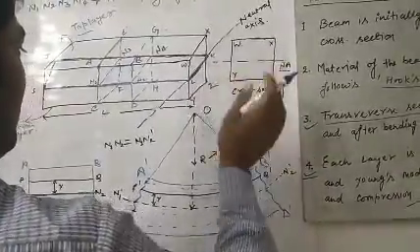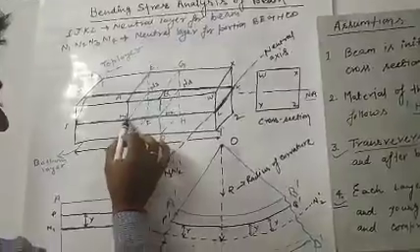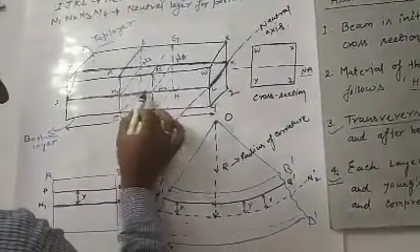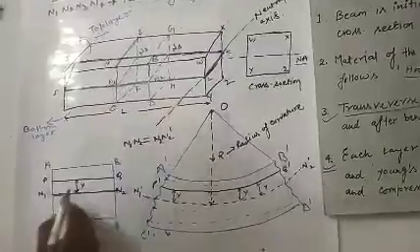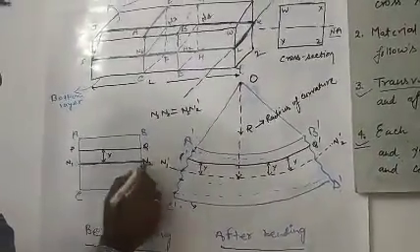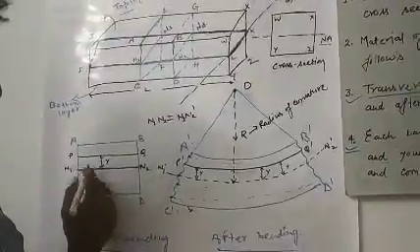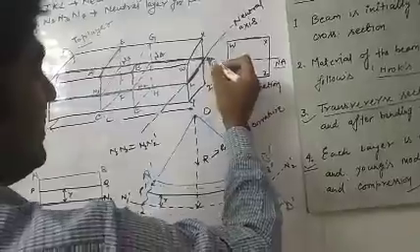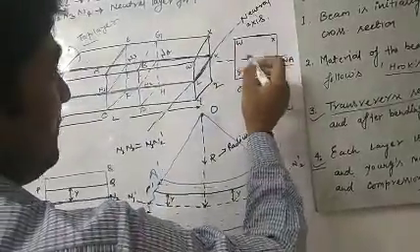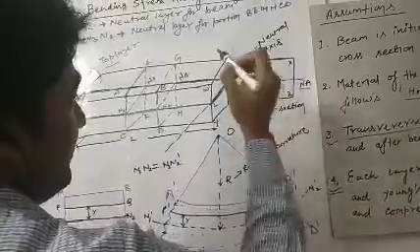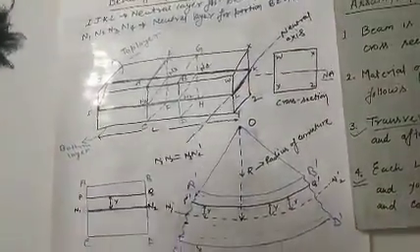Sometimes students form a wrong concept and present this N1 N2 line as the neutral axis. Be very clear, this N1 N2 line is not the neutral axis. It is simply denoting one dimension of the neutral layer, right? But here the neutral axis will be like this way. The neutral axis is always represented along the cross section of the beam. Clear?